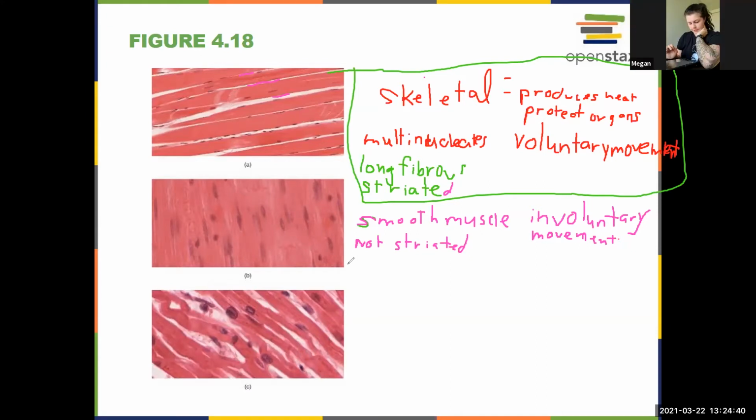No, it has a single nucleus in each fiber. So each fiber represents a single nucleus. You see the single box here, that's one cell, that's another cell, here's a cell here, here's a cell here.